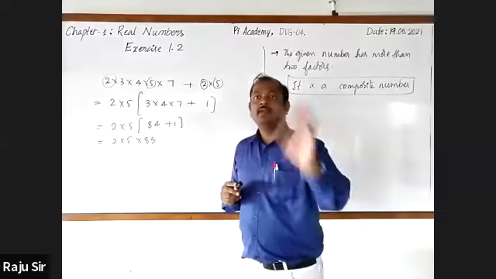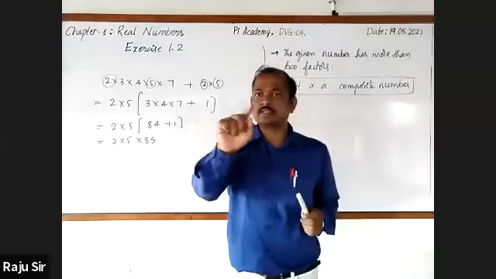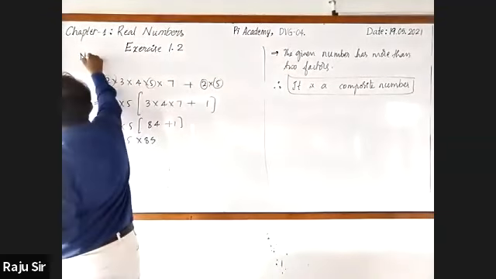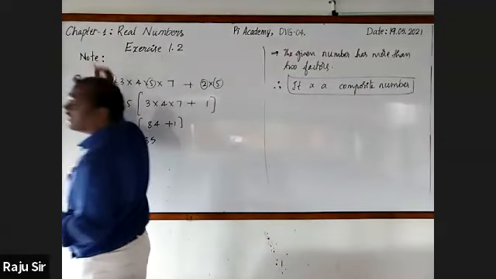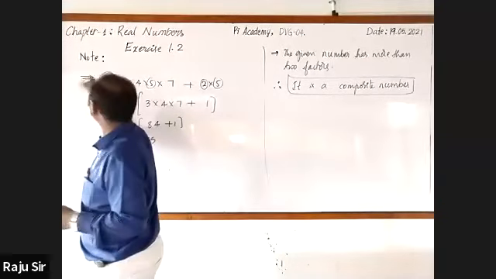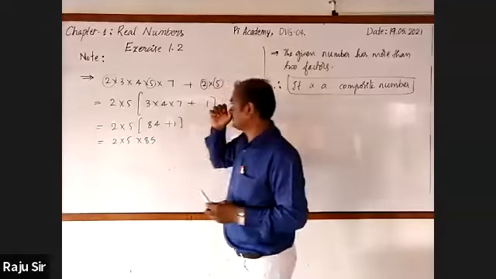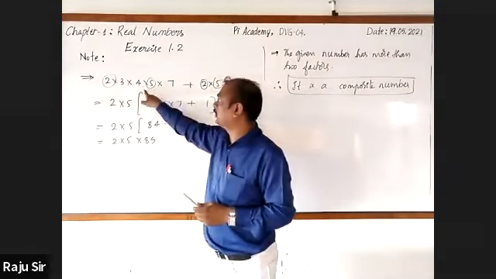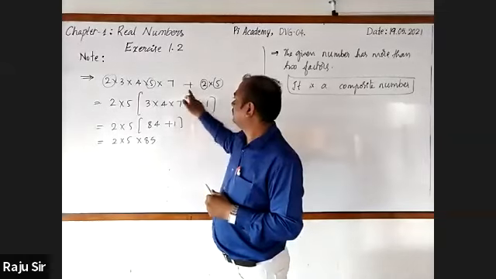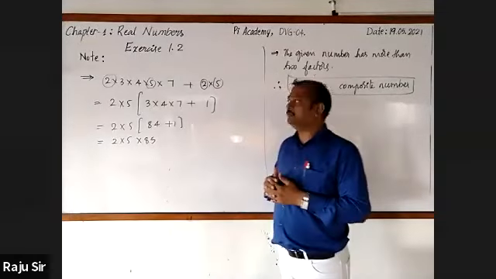Clear? Now, students, just write this in your note. As it was asked in the examination, I am giving this number. Copy this: 2 into 3 into 4 into 5 into 7 plus 2 into 5.